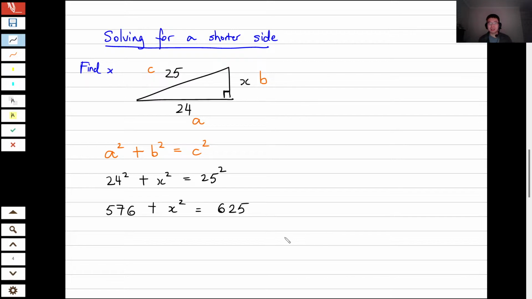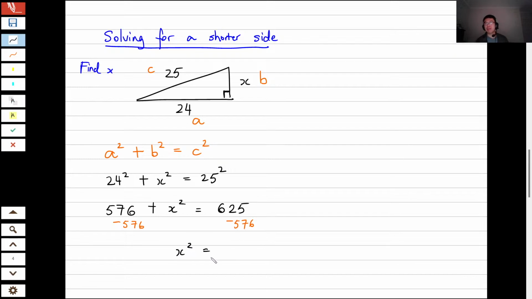I've added 576. So what I should do is subtract 576 from both sides. This is the sort of working out you did in algebra when solving linear equations. You're welcome to do that here. If you're feeling confident, you don't need to write that.